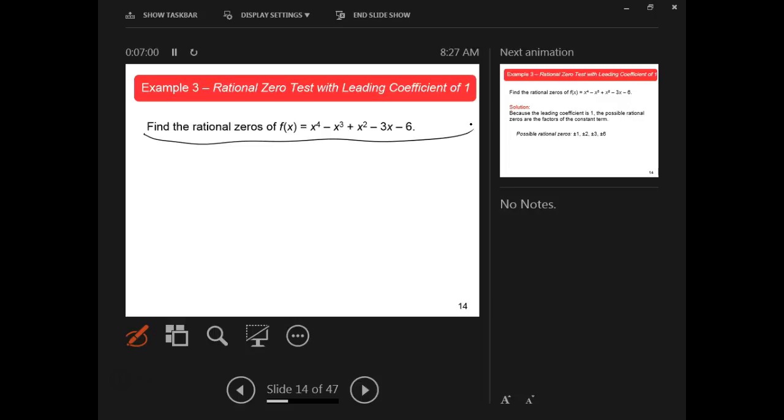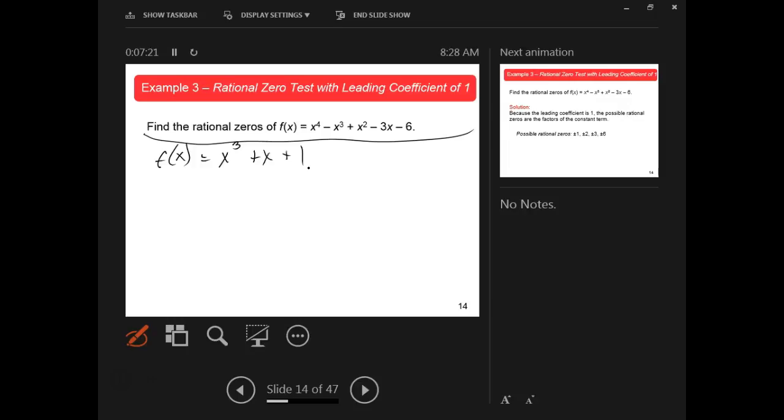Find, if possible, the rational zeros of f of x equal to x cubed plus x plus 1.